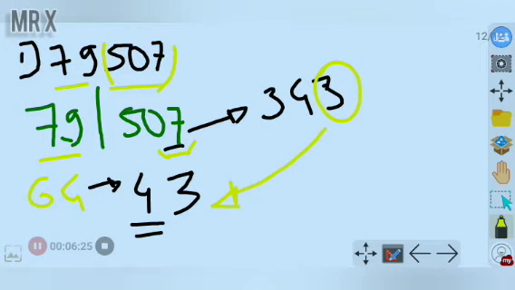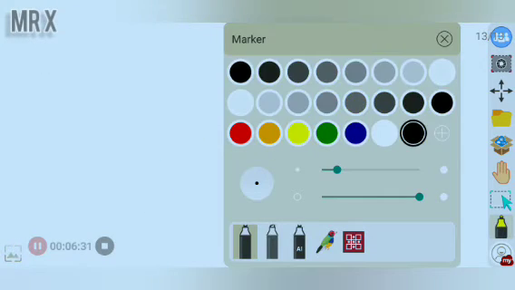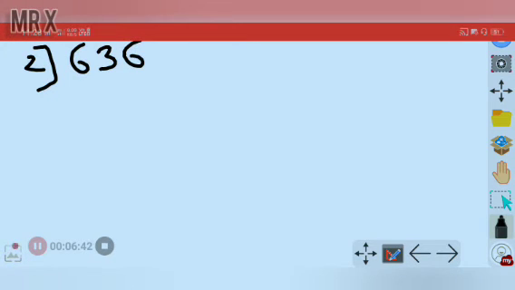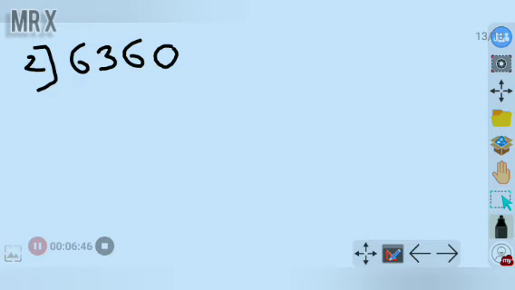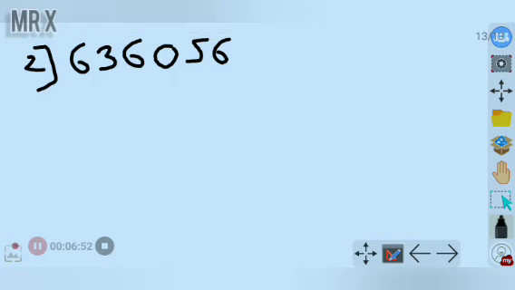So now we will see one more example, a bigger one than the previous one, which has 6 digits. The question is 636056.